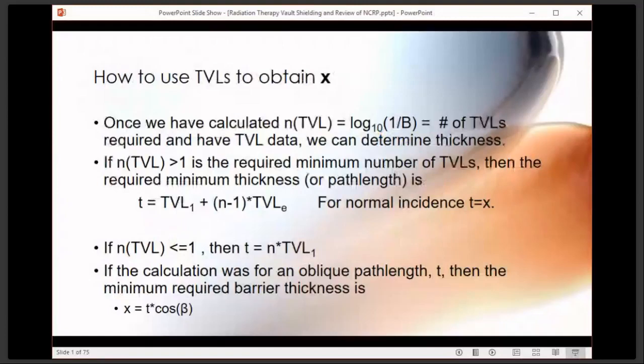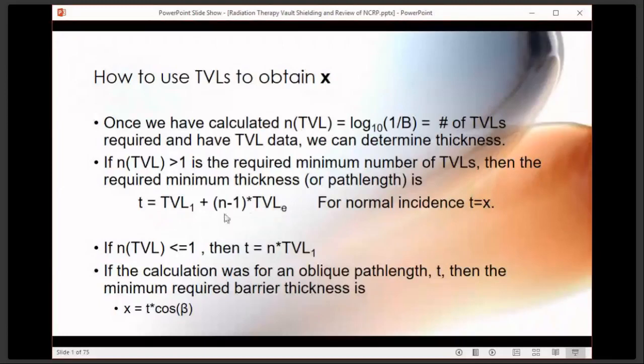Once we have calculated the number of TVLs, there's basically two formulas we can use. One of them says that if the number of TVLs required is greater than 1, then the required minimum thickness or path length is determined by taking the first TVL plus n minus 1 times the equilibrium TVL.